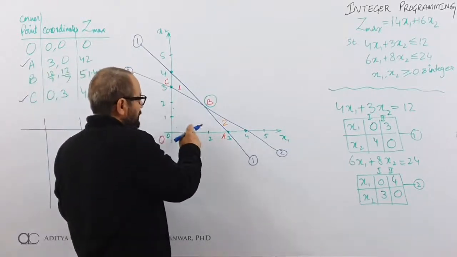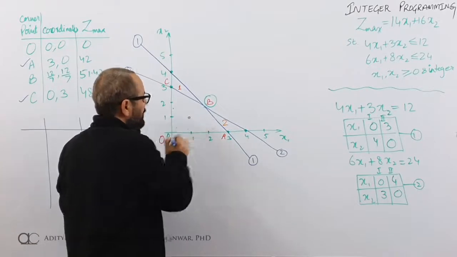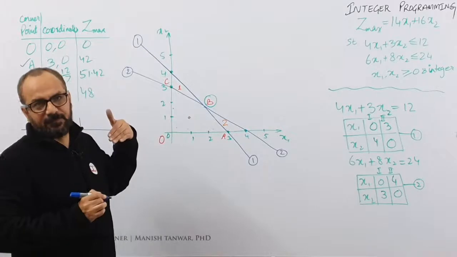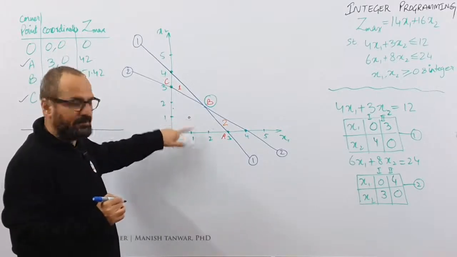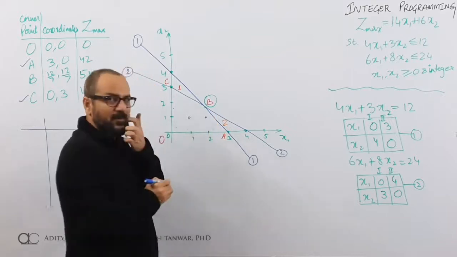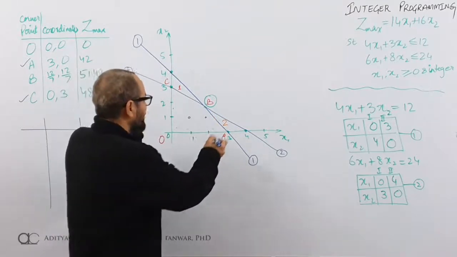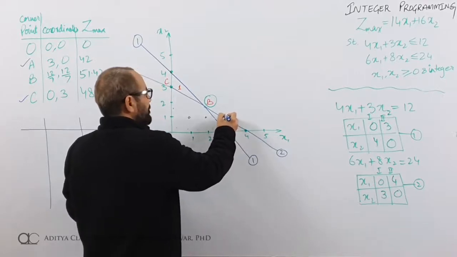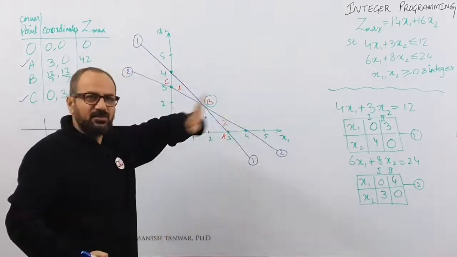So lattice points would be all the integer combinations within our feasible region. This is an integer combination, 1 and 1. This will be an integer combination, 1 and 2, or rather 2 and 1. Then this is 3 and 0, we have already considered. Then 3 and 1 would be outside my feasible region, so I'll leave that.